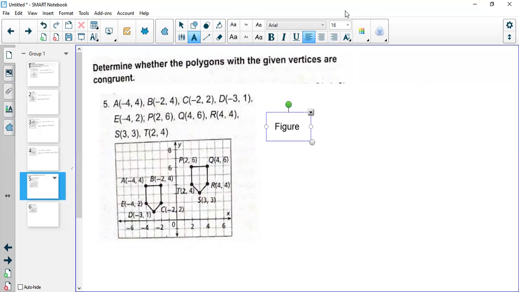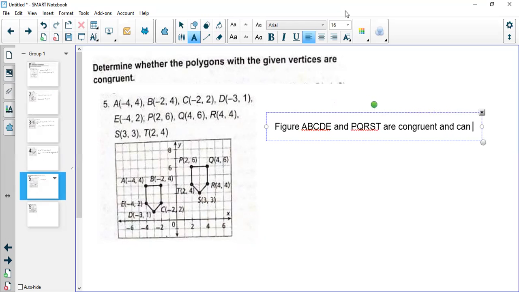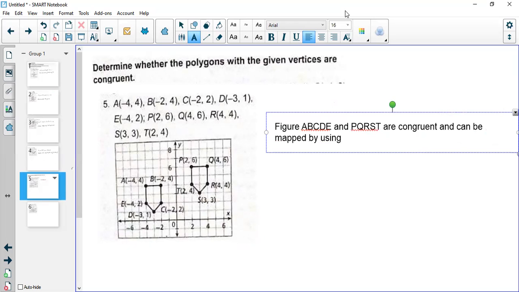So figure ABCDE and PQRST are congruent and can be mapped by using, what is the transformation used? It is just a translation. It has just slid across, that's all. By using translation.